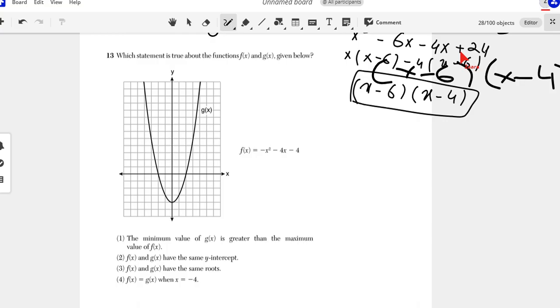Question number 13. Which statement is true about the functions f of x and g of x given below? The answer I got for this was number 3. Number 3, how you got that? They both have the same ordered pairs.